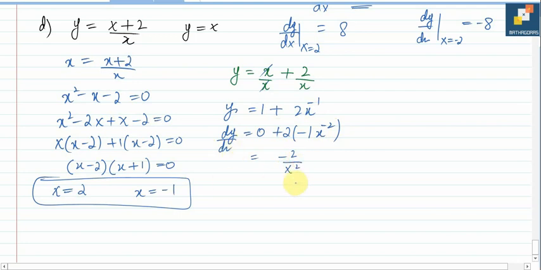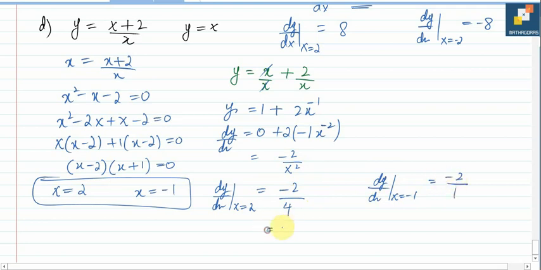We need to find the value of dy by dx. Substitute the value of x. Since you have two values, dy by dx at x equals 2 and dy by dx at x equals minus 1. So when x is equal to 2, that will be minus 2 divided by 2 square, which is 4, and when x is minus 1, minus 2 divided by minus 1 square is positive 1.